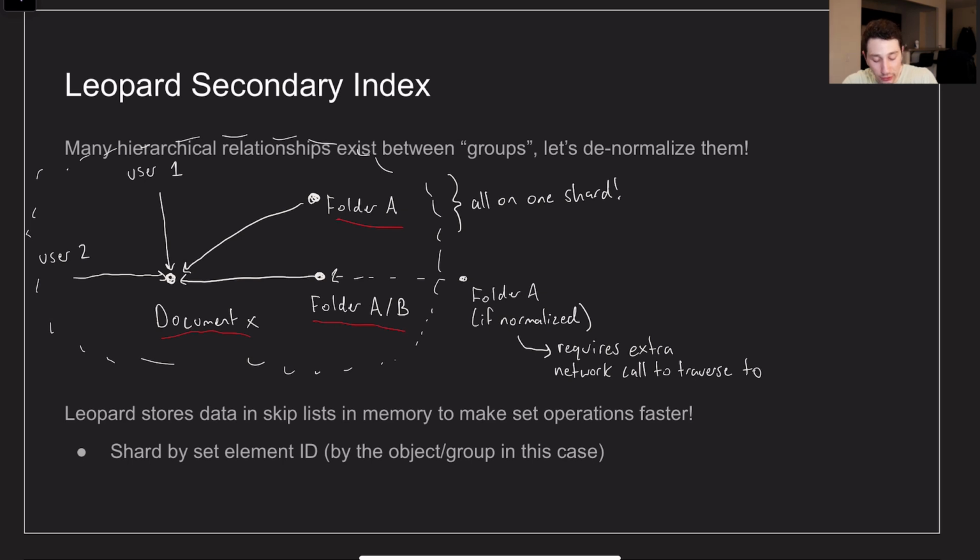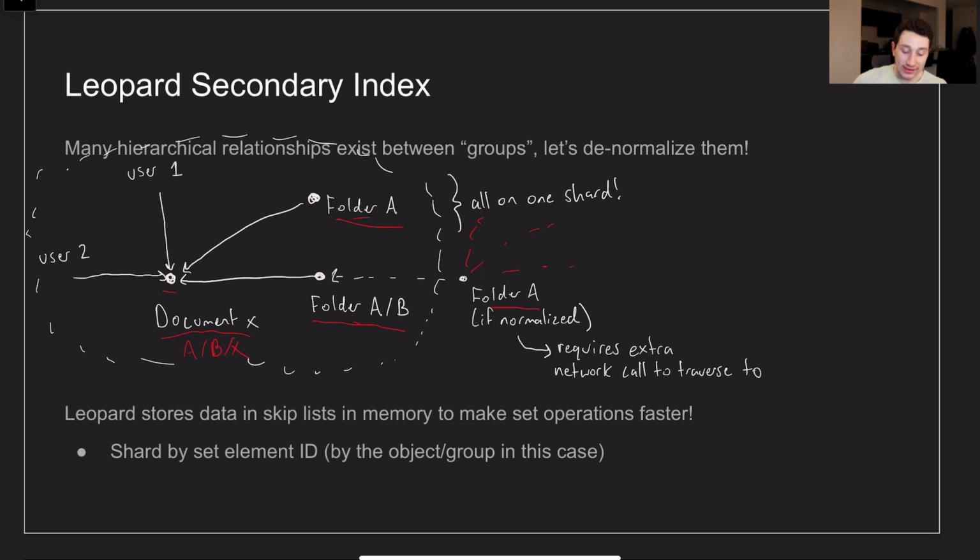So really it goes, document X is part of folder A/B because its full path is A/B/X. And then we've also got folder A. So if we kept this data normalized, we would have some arrow from folder A to folder A/B to document X. And then we would have to evaluate any connections to all of these different nodes.